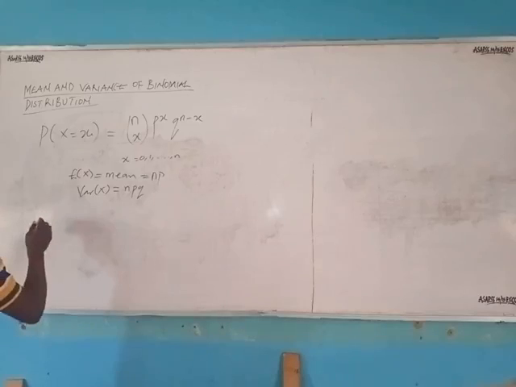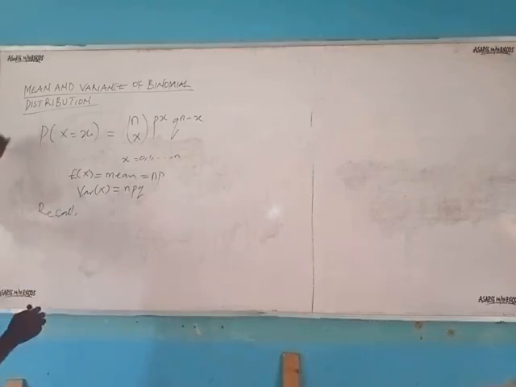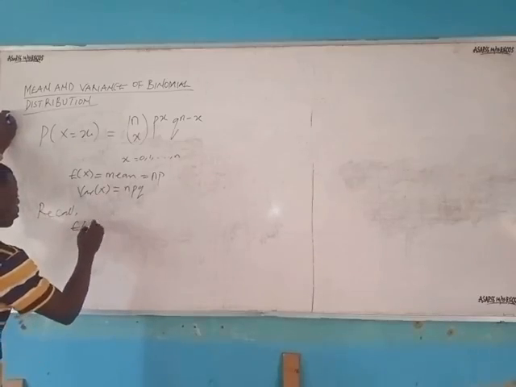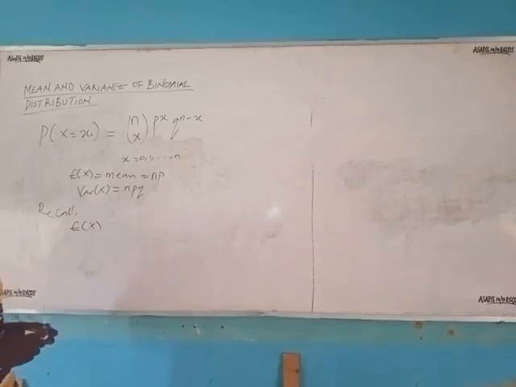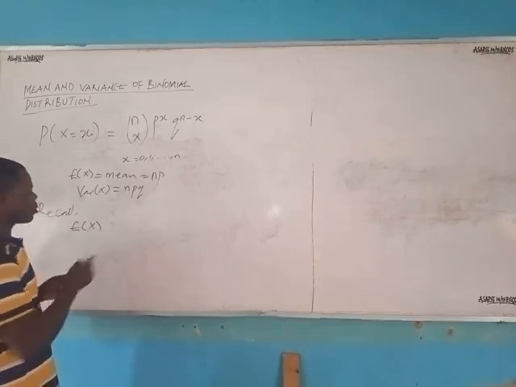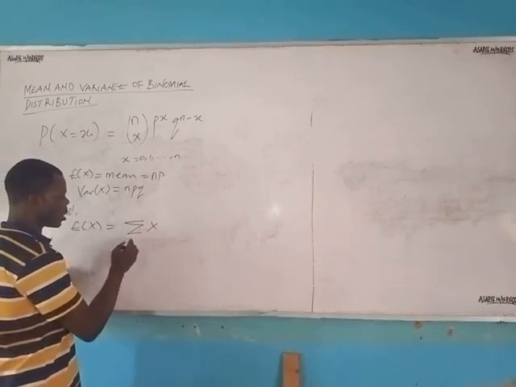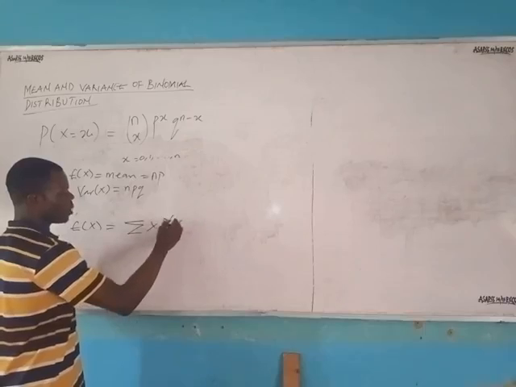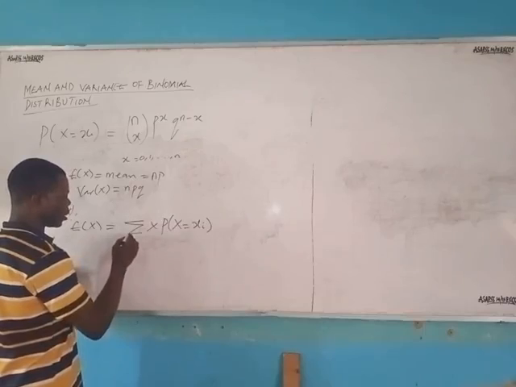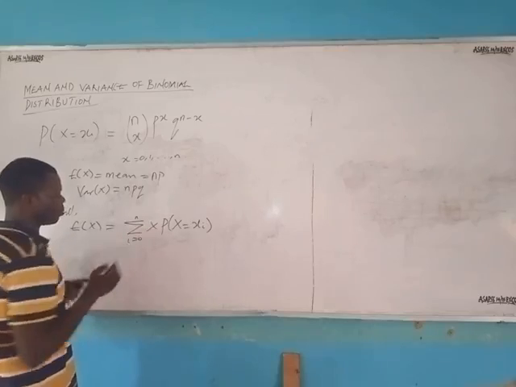If you recall, the expected value, which is the mean of a discrete probability distribution, is given as summation x times the probability of x equal to xi, where i is from 0 to n.